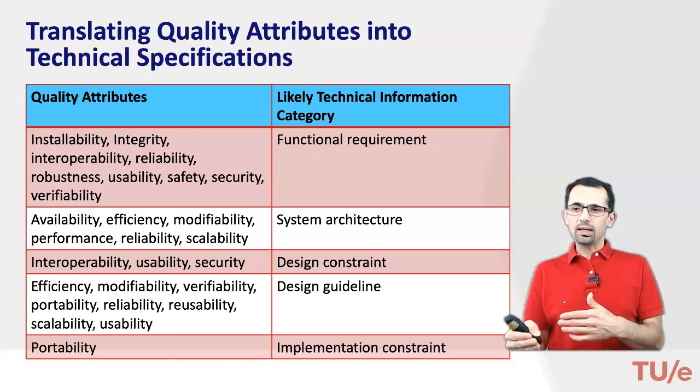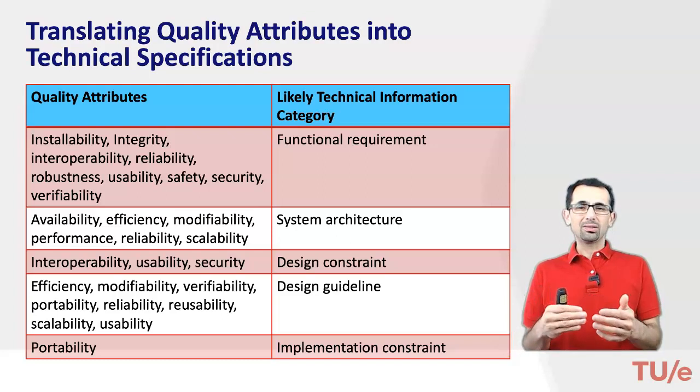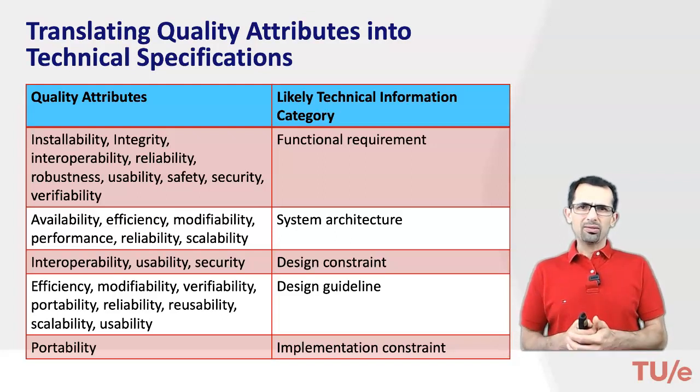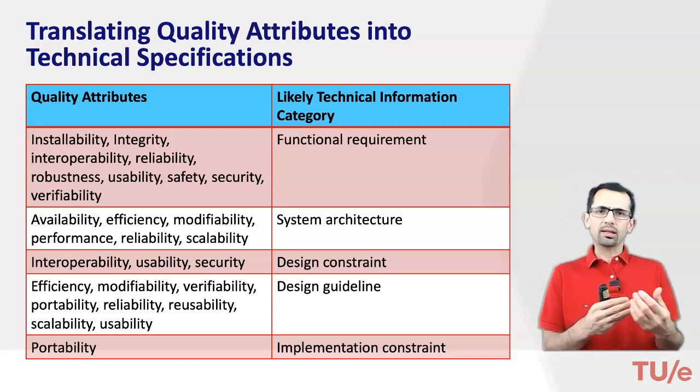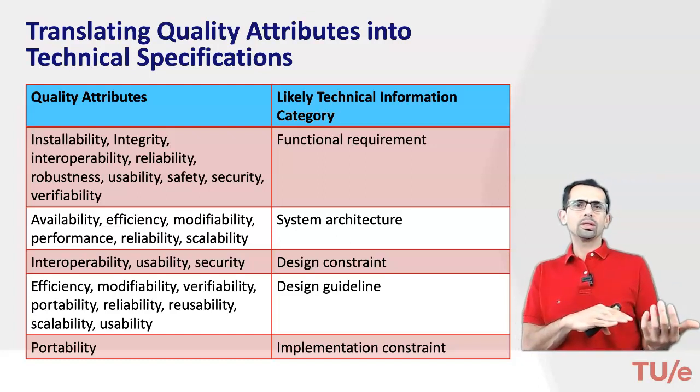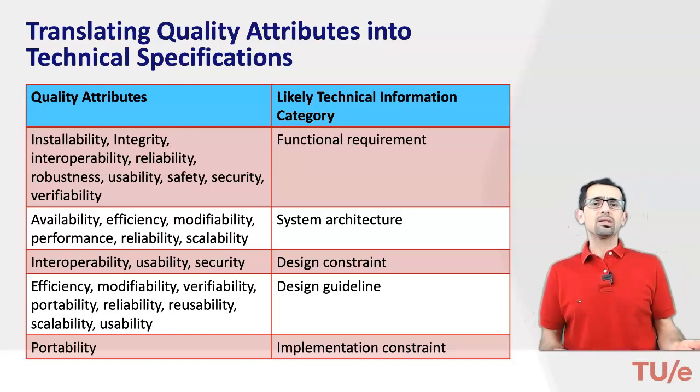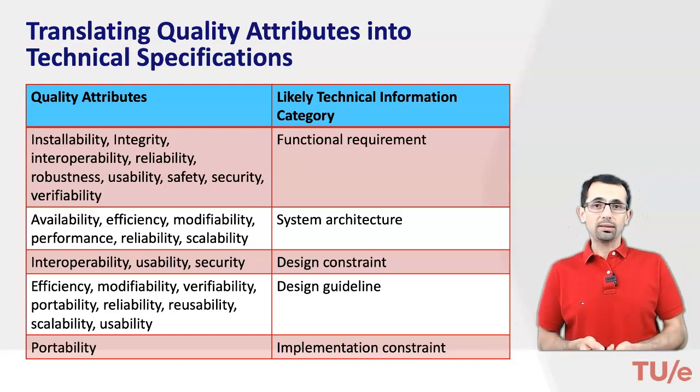Usability, scalability, reliability, or reusability are quality attributes, or statements about them, that can be translated into a design guideline, or an implementation constraint in the case of portability.